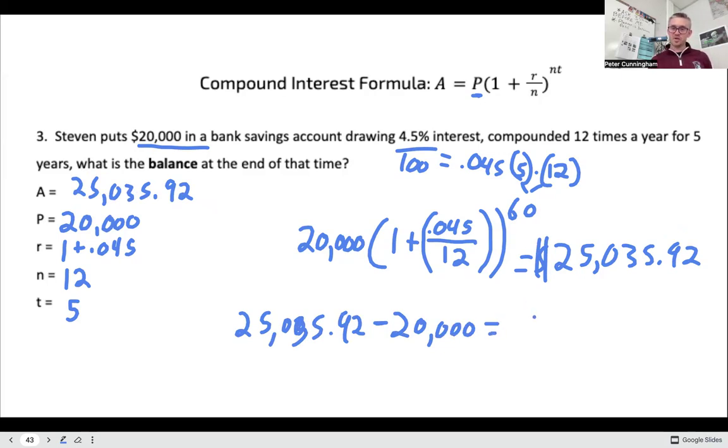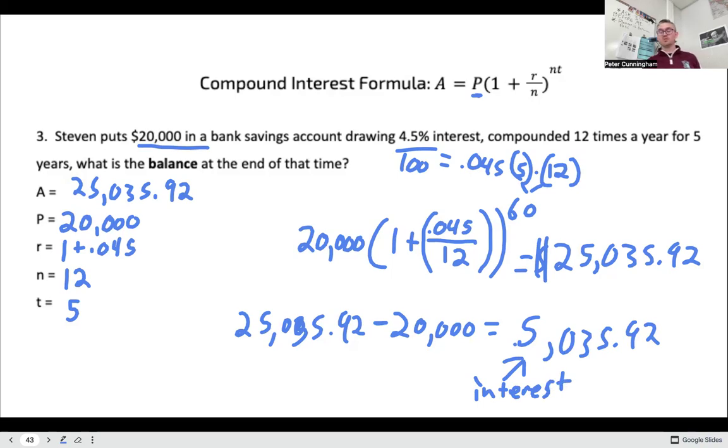That is your interest in this case, $5,035.92. The difference between them is the interest. That's how the banks make money. That's why people who lend you money do it, to make the interest, not just out of the kindness of their heart.